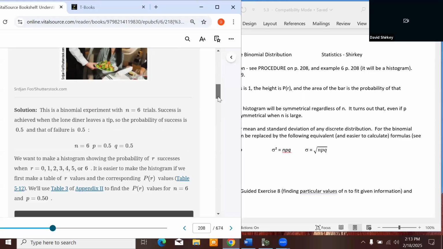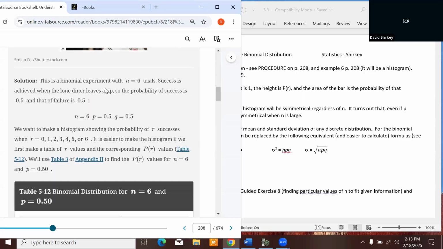We're going to have 6 bars here because we have 6 trials. So this is a binomial experiment with 6 trials. N equals 6. Success is achieved when the lone diner leaves a tip. So the probability of success is 0.5, which means the probability of failure is also 0.5. So we have N is 6, P is 0.5, and Q is 0.5.